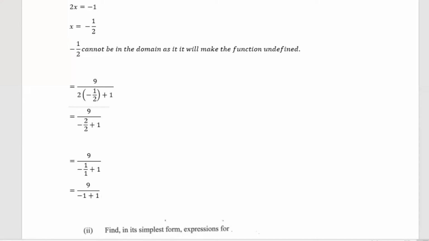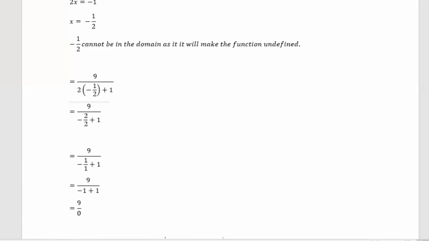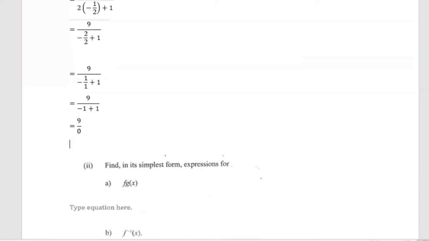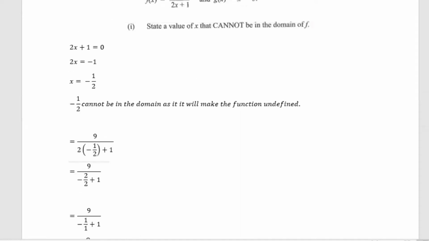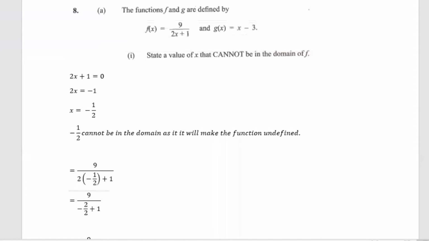And now when you do that, you'll have 9 divided by 0, as -1 plus 1 will leave us with 0. Now if you put this in your calculator, you will get math error. So therefore at no point in our function can x be -1/2, and we just proved that.